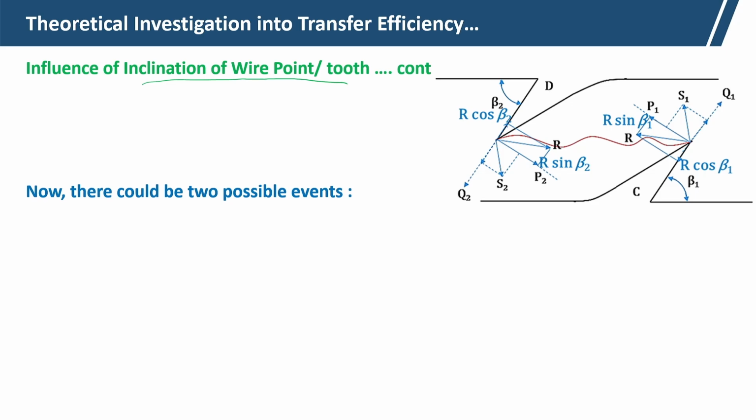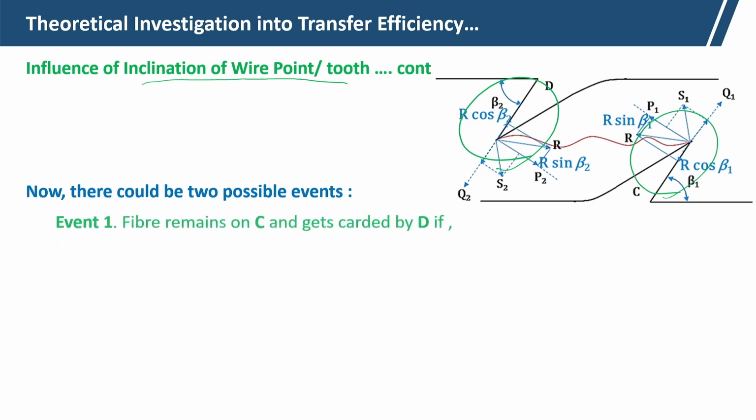Now there could be two possibilities. Either the fiber is gripped by the cylinder and does not transfer to the doffer, going with the cylinder, or the fiber is pulled by wear point D of the doffer and goes to the sliver or web formation.